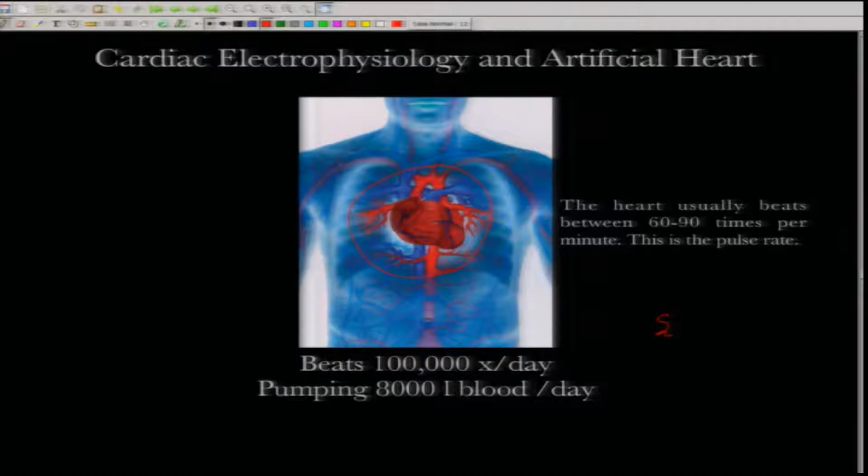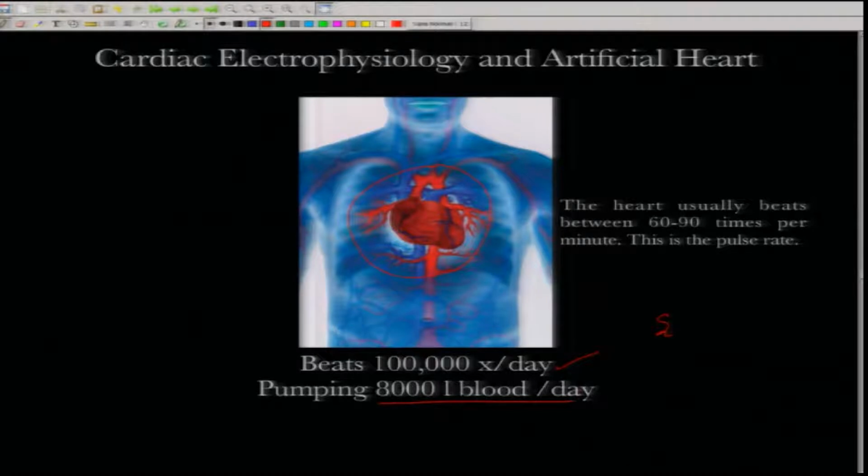And if you look at how many times it beats per day, this is a magical number. Why this number is important, I will come to very soon. And every day it is pumping almost 8,000 liters of blood.